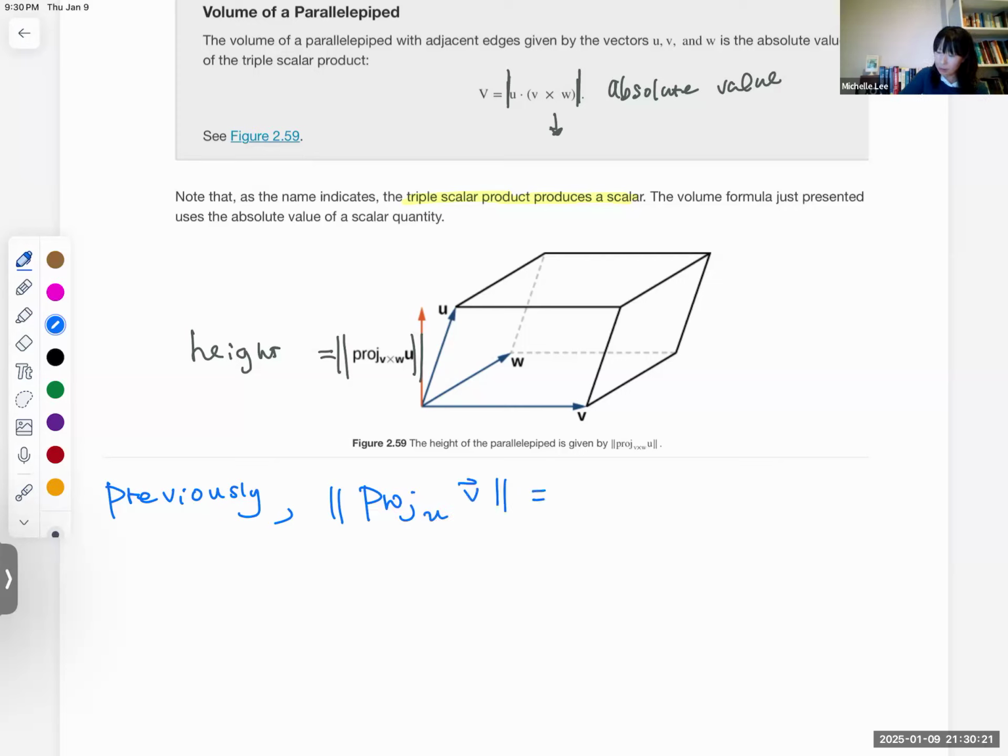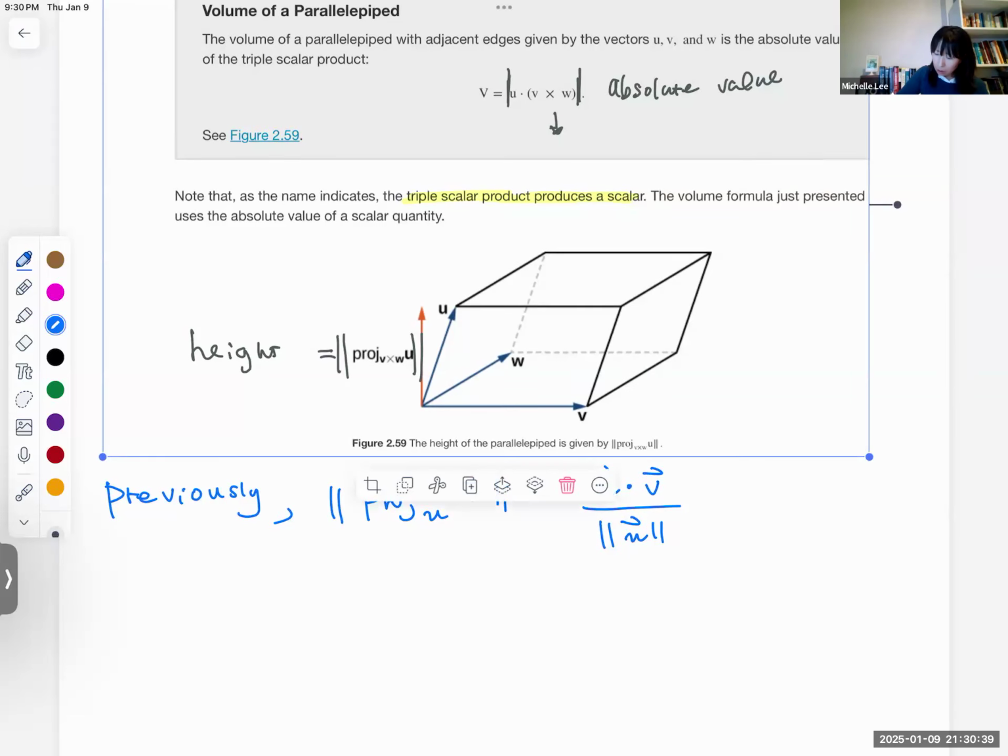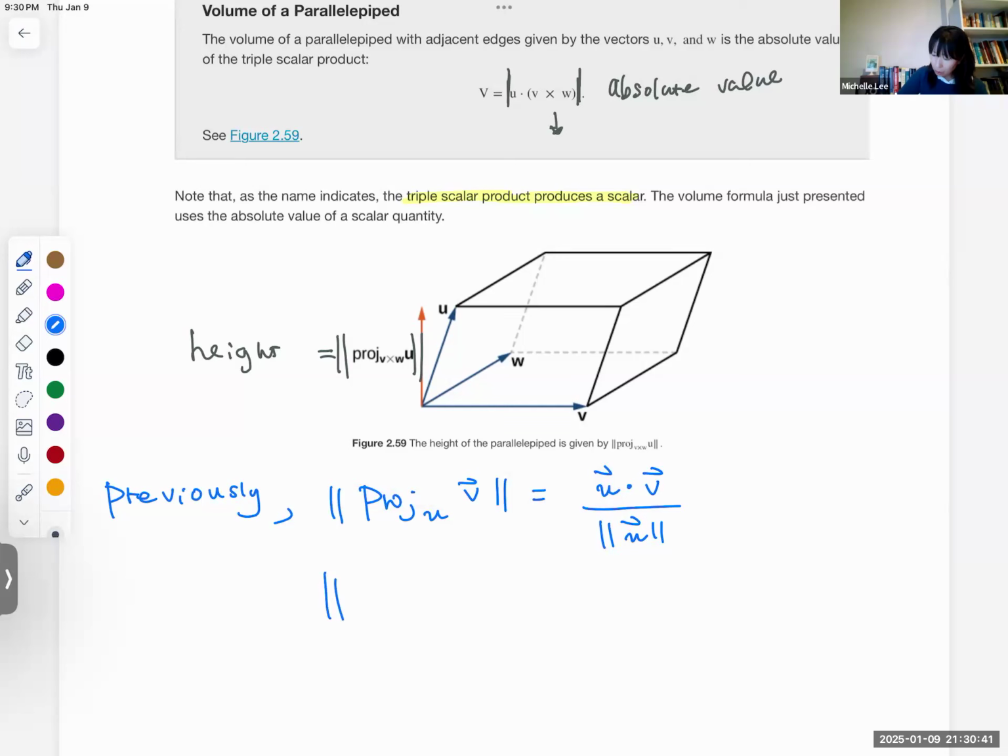Then we get the dot product of U and V over the magnitude of U. Then let's follow this formula using the projection of vector U onto the cross product of V and W, right?